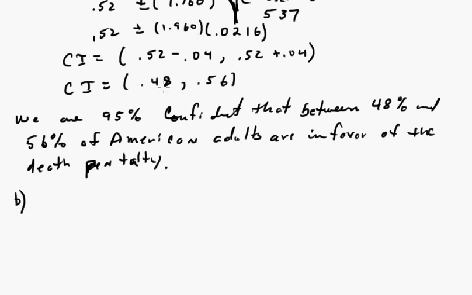We estimate that it's between, or it could be lower than 50% at times or higher. So it's not clear since the interval extends below 50%.